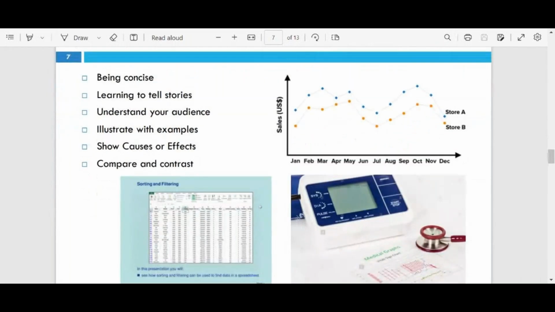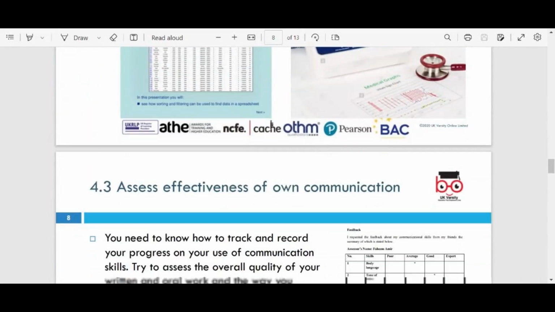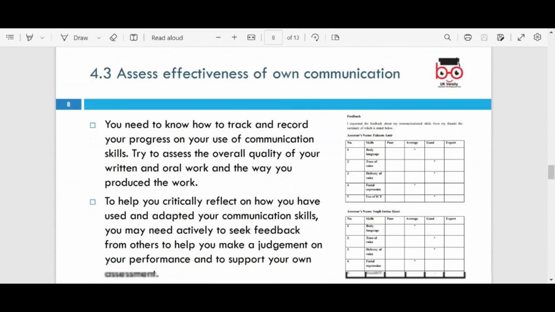So it identifies the scale of the impact. Then we've got sorting and filtering, and here is a way of monitoring maybe your medical records, things like blood pressure or maybe your diabetes. So these are the areas that people look at in regards to it.